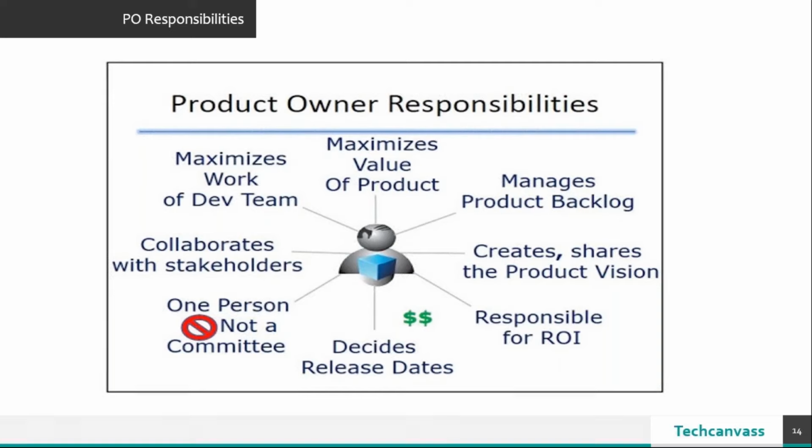You cannot have a group of product owners. If you talk about product managers, there can be multiple product managers in a product company. But when you talk about product owner, you should have just one, because that one product owner is a point of contact from the stakeholders' point of view, as well as from the team point of view.